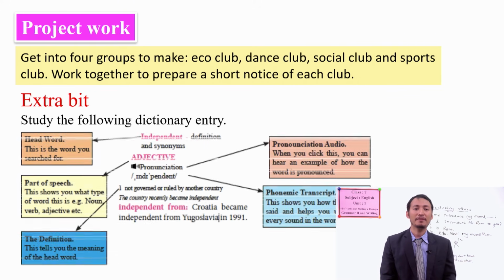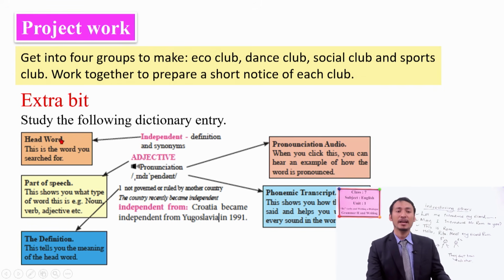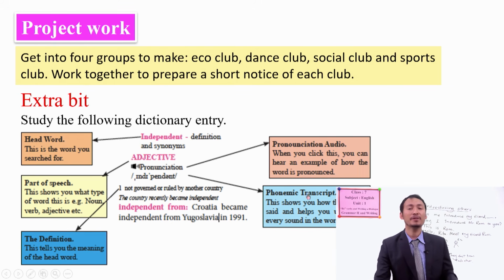And we have another thing: at the end of our unit, we have this dictionary entry. I'd like to remind you of a few things: we have headword, parts of speech, definition, pronunciation, audio as well, and phonetic transcript in the dictionary.